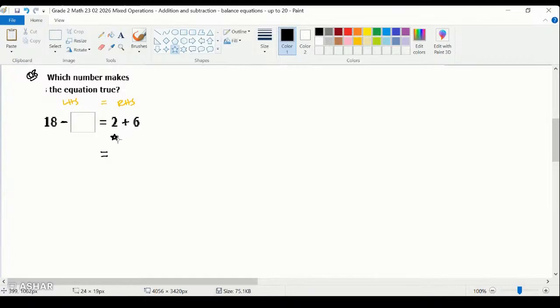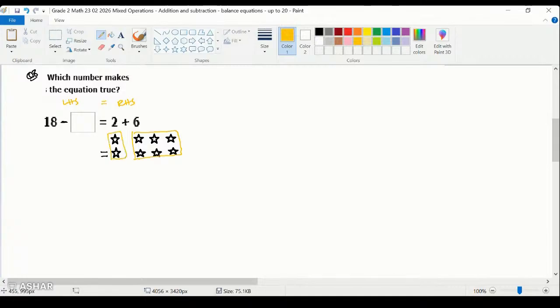If we have 2 stars, okay, and we have 6 stars, how many stars do we have in total altogether? These were 6 stars plus 2 stars.